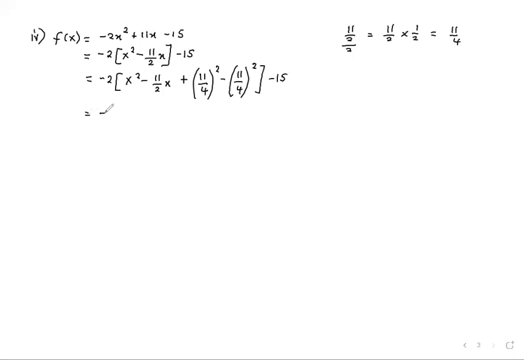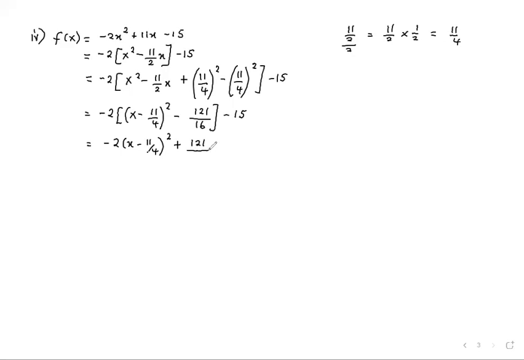Then keep negative 2 still, get the x in the brackets, get the minus there, and get 11 over 4 squared minus. 11 squared is 121. 4 squared is 16, minus 15. And then expand.